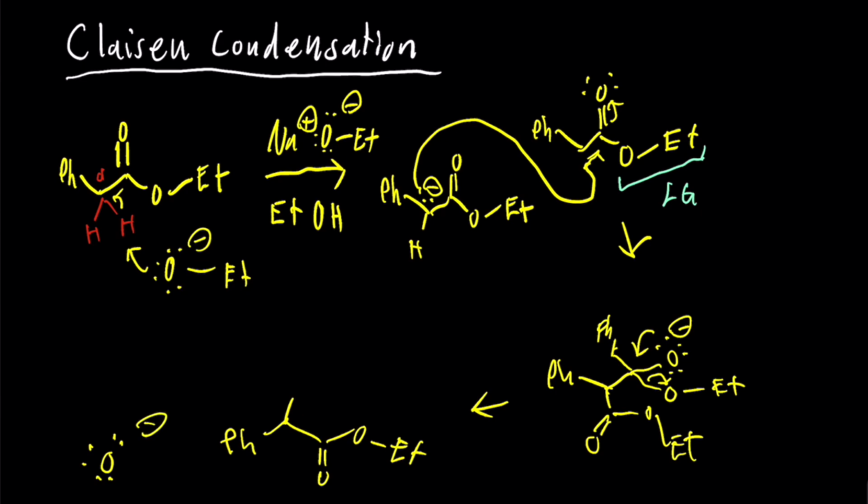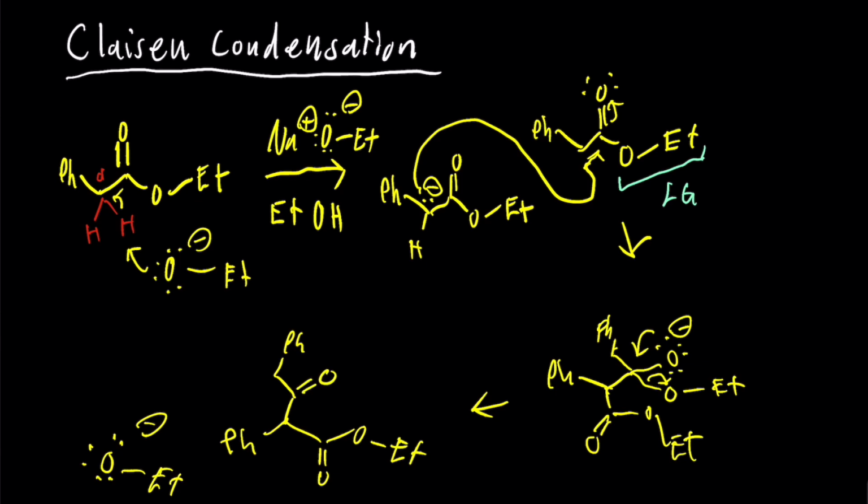So with that negative charge, that leads us to our quenching step, or our mild acidic workup, which basically will bring about the protonation of our base and our leaving group, which are the same in this case.